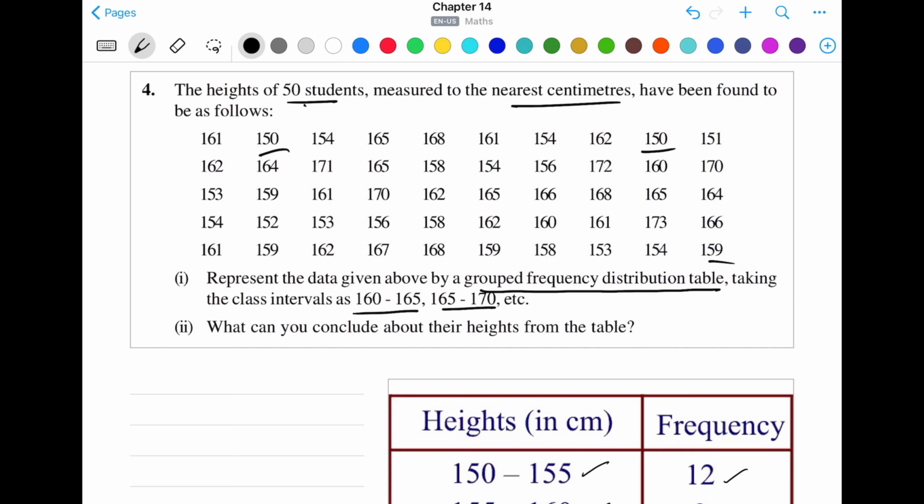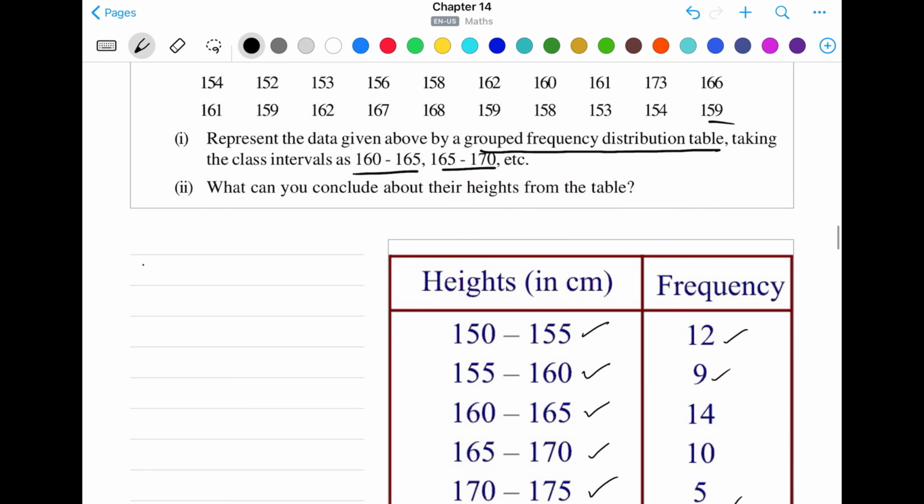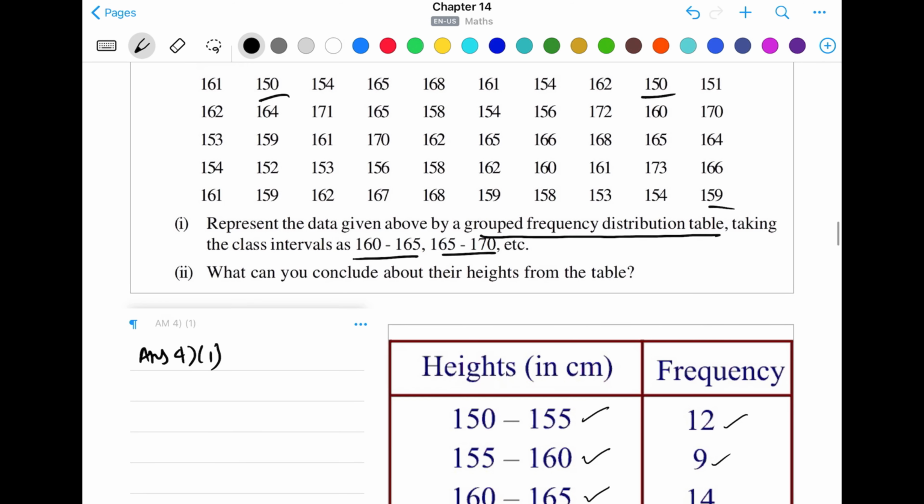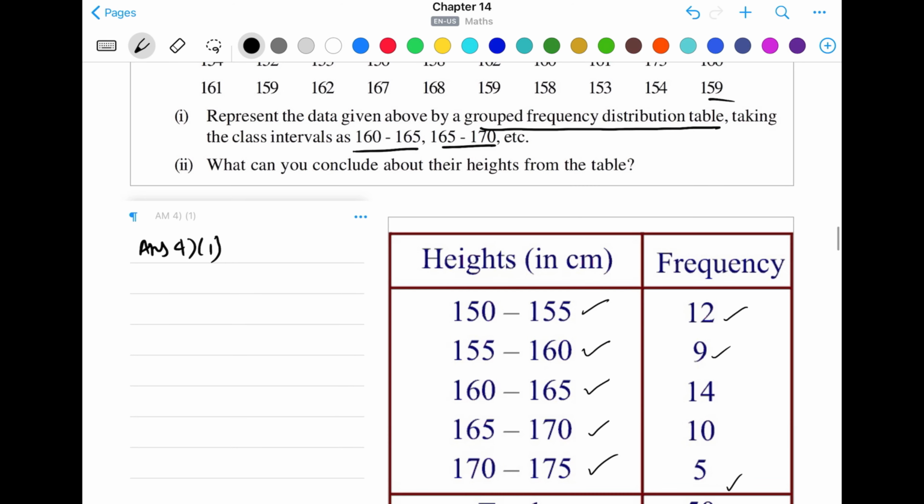So this is the answer of part 1 of question number 4, where we are asked to represent the data in a grouped frequency distribution table. The second one is: what can you conclude from the data given above. The conclusion from here can be that out of 50 students, the most students are lying in this interval, that is 160 to 175.